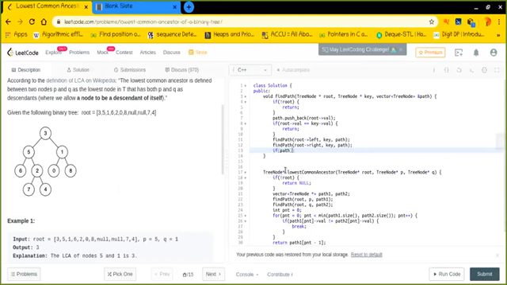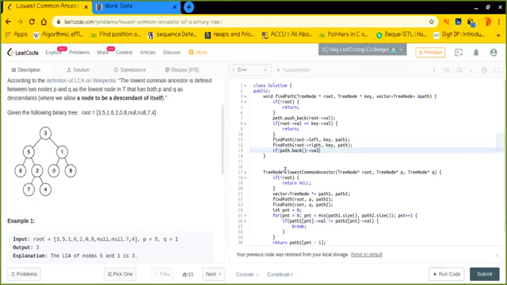the last element of this array, I can use path dot back. This will tell me what the last element is. This is an inbuilt function for vector. You can check it out.